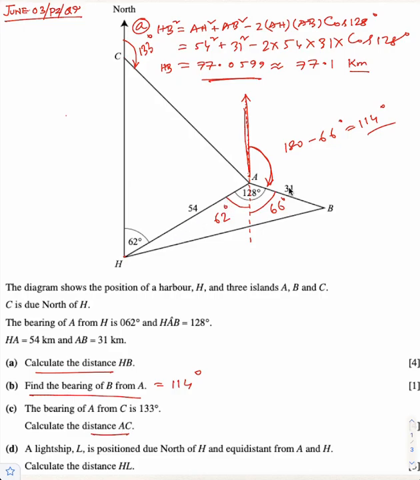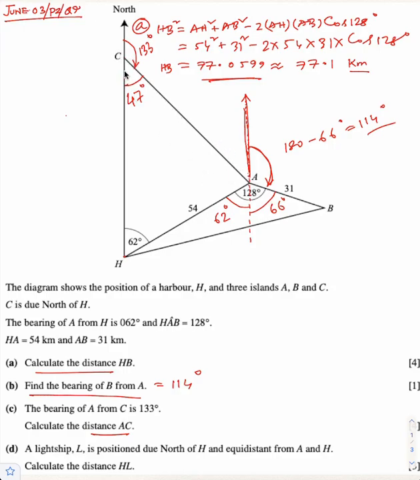Now I have to find this distance AC. So if it is 133, easily we can find this one: 180 minus 133, which is 47 degrees. So now our focus is to find out the length of AC.